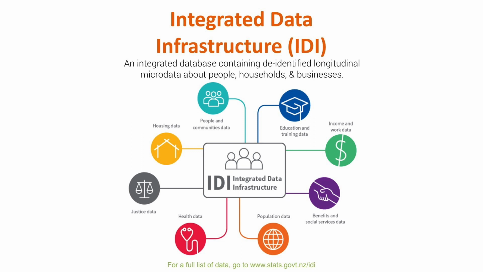We have data from all across government included in there, so there's a lot of admin data, there's a lot of surveys, and in particular the census and social surveys from Stats NZ, and there is increasingly some NGO data in there as well. We update the IDI on a regular basis. That pattern is generally quarterly, although over the next 12 months it won't be quite as regular as normal. That's so we can get on with a bit more development work, but I can cover a bit of that at the end of the presentation.